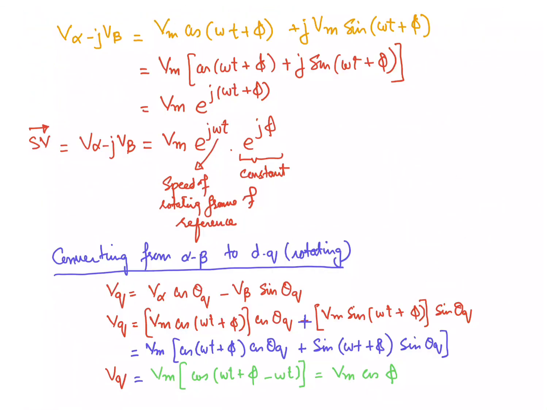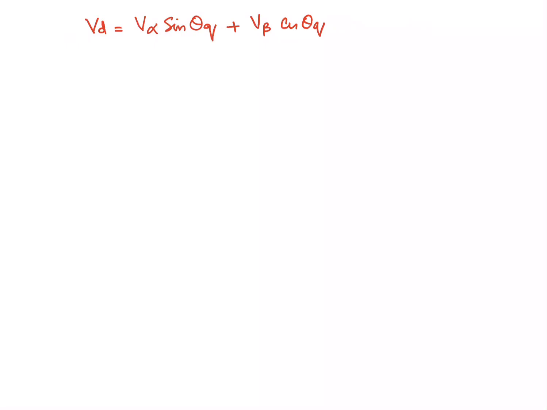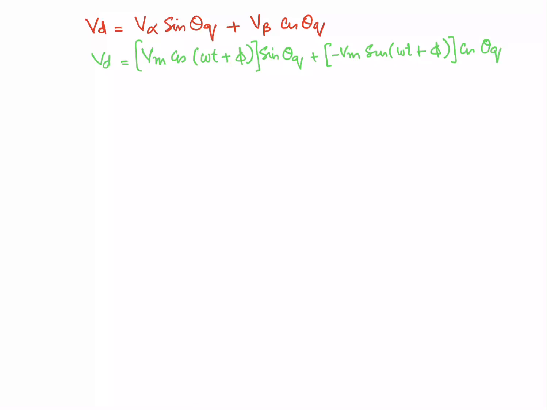So using this equation, we can write that Vd is equal to Vm into cos of omega t plus phi into sine of theta q, that is the value of V alpha, minus, now let's look at the value of V beta, that is minus Vm into sine of omega t plus phi into cos of theta q. So we have this equation.